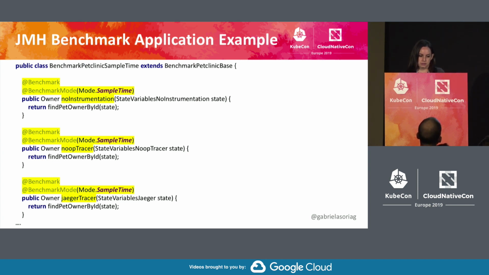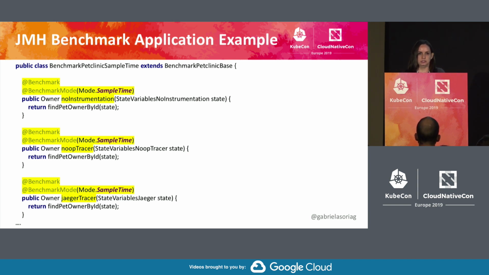And here we can see that it's a normal Java class with methods, but the methods that we want to benchmark have to be annotated with Benchmark. And also, we can put the mode of the benchmark. For example, if we want to measure in the average or the sample time or the throughput.